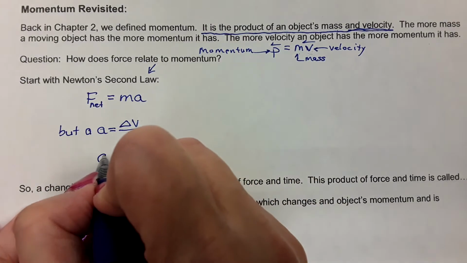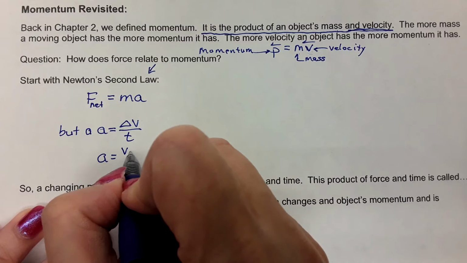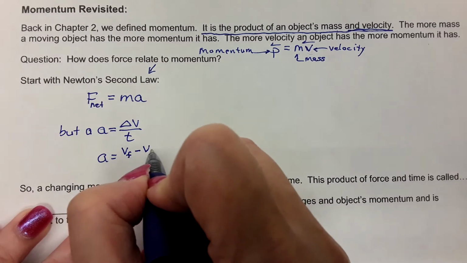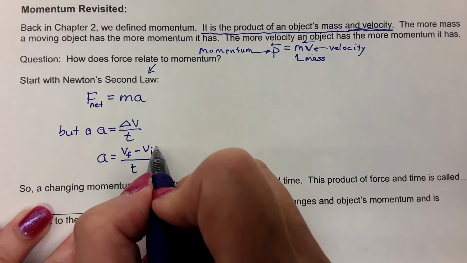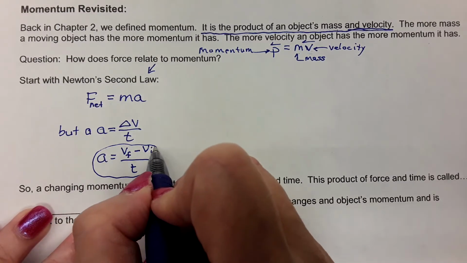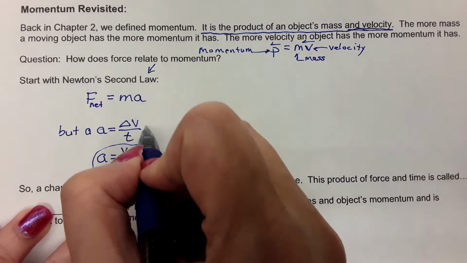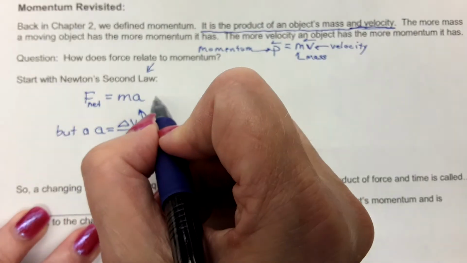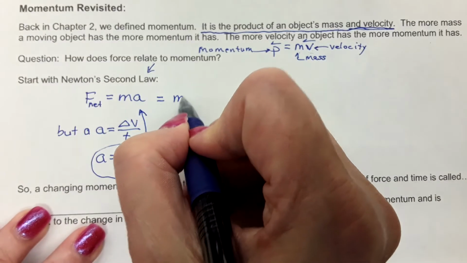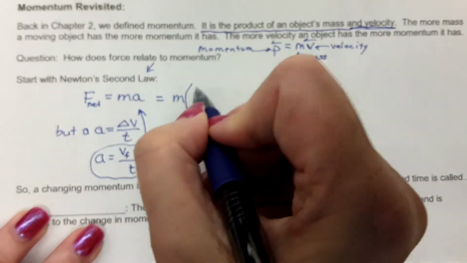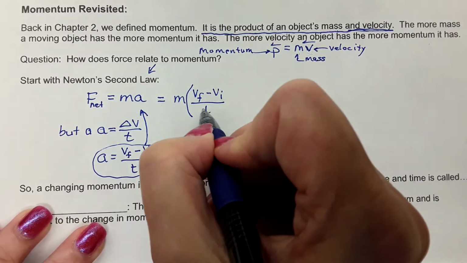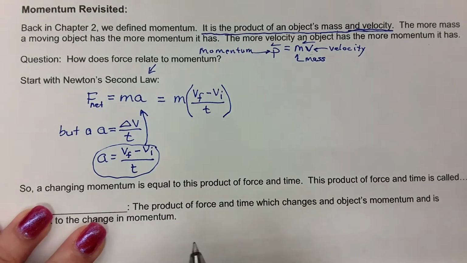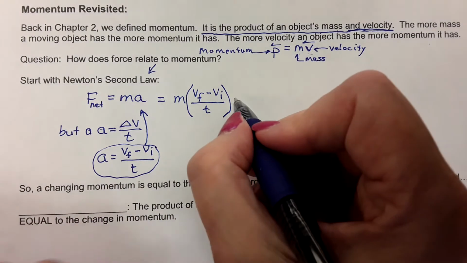In fact, we could write that as final velocity minus initial velocity over time, couldn't we? All right, since this is how we define acceleration, let's stick it right there. If we do that, we get mass times final velocity minus initial velocity over t. All right, so all we did was substitute, which is perfectly okay.